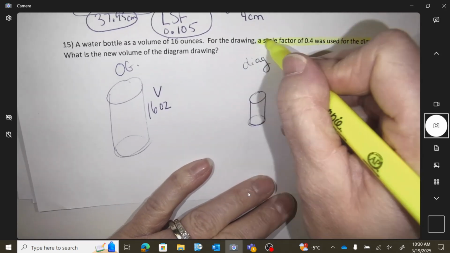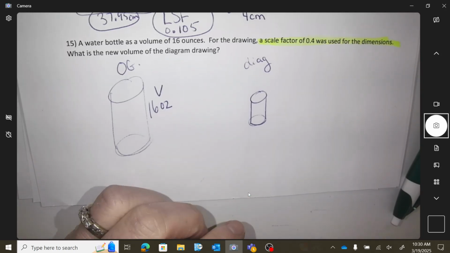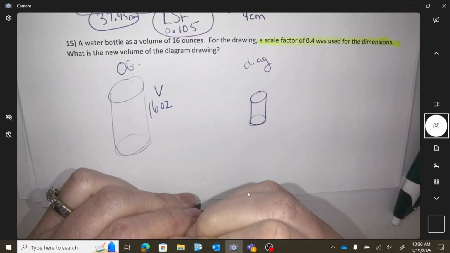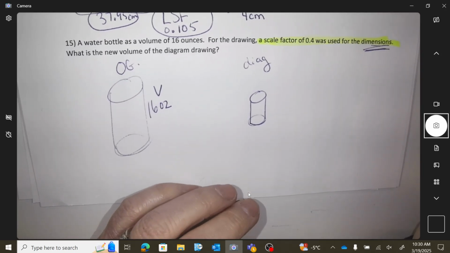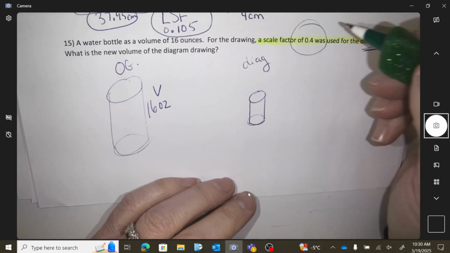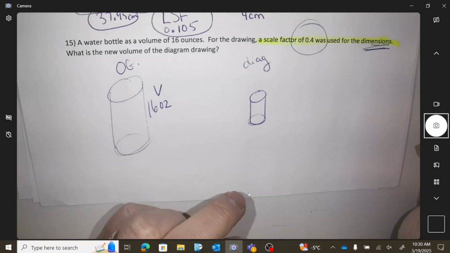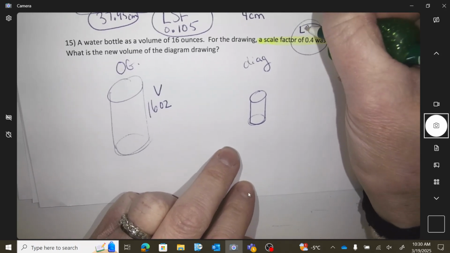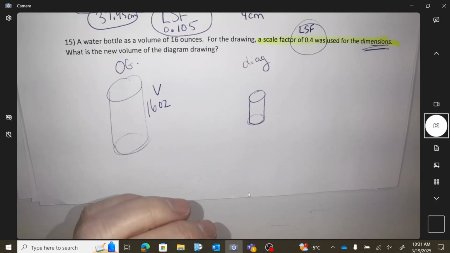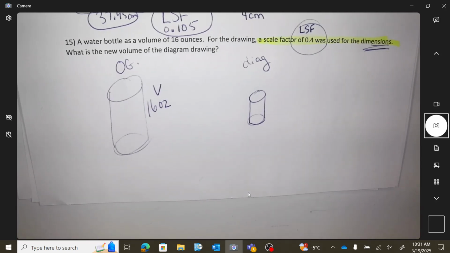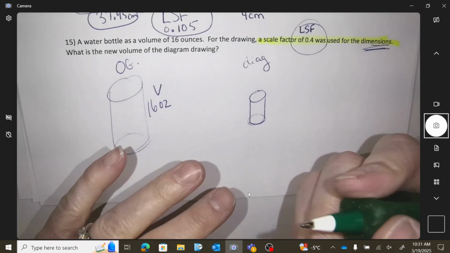So 0.4 was a scale factor used for the dimensions. So when it says for the dimensions, what is 0.4? It is a linear scale factor, just linear, because it's only doing the dimensions, like a radius, a height.